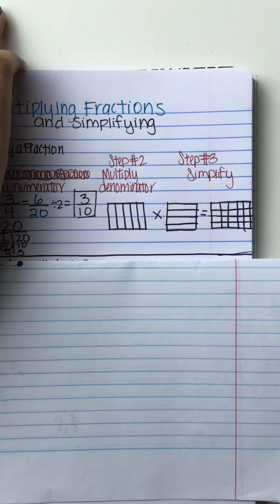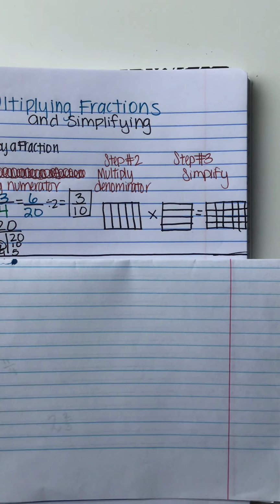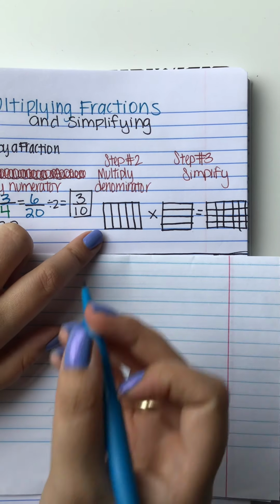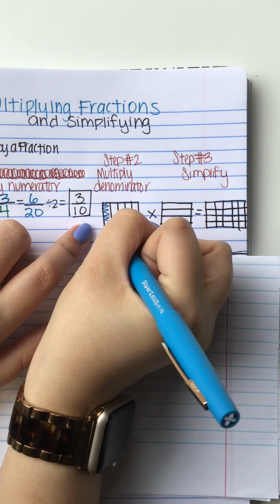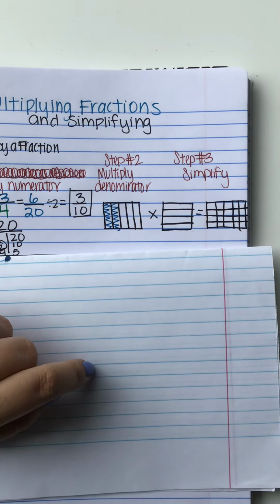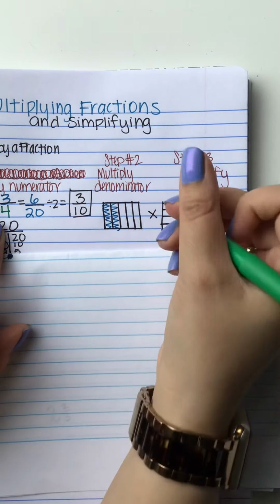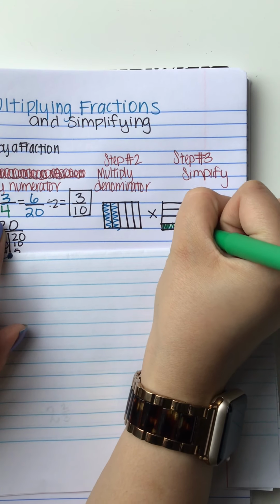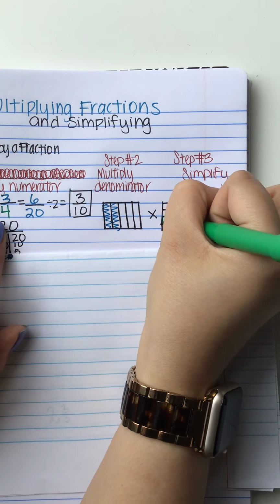Now let's prove that it is 6/20 or 3/10. We can prove this by showing a picture model. The first one says 2/5, so I'm going to shade in 2 out of the 5 bars that I have. And then the next one says times 3/4. Here I have one that's in fourths, and I'm going to shade 3 of them.